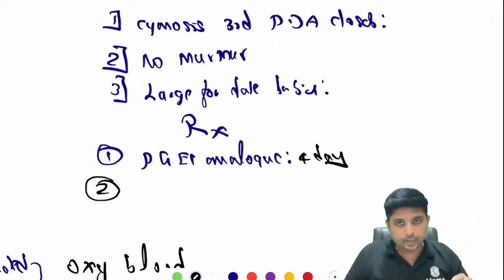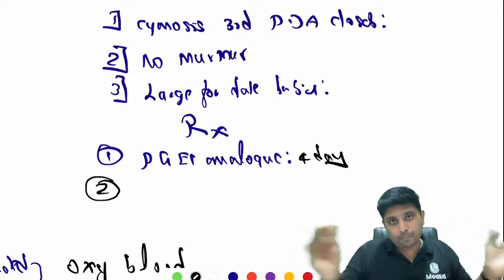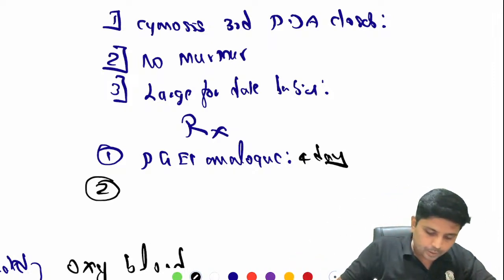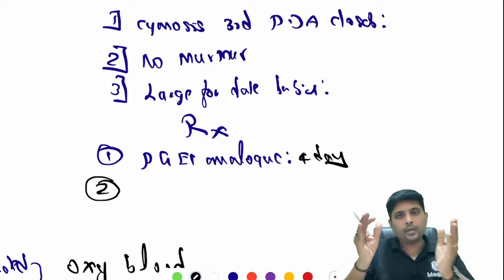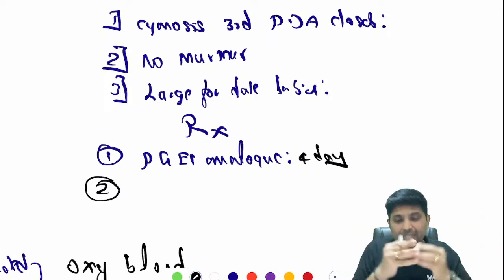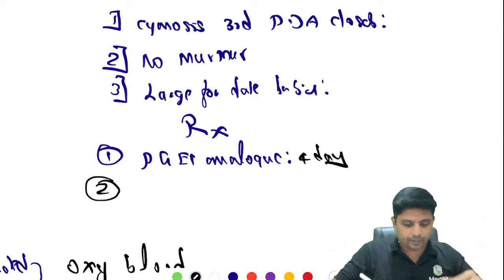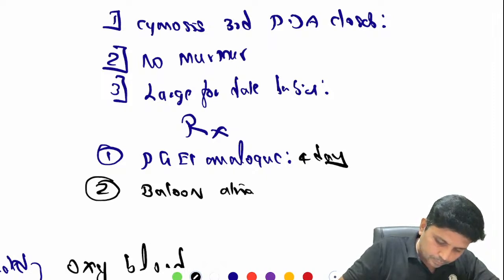Second point. Then this ductus arteriosus is not enough to mix the blood. So what you need to do? You need to put a large hole in the atrium so that the oxygenated blood and deoxygenated blood mix with each other at the level of the atrium. This is called balloon atrial septostomy.